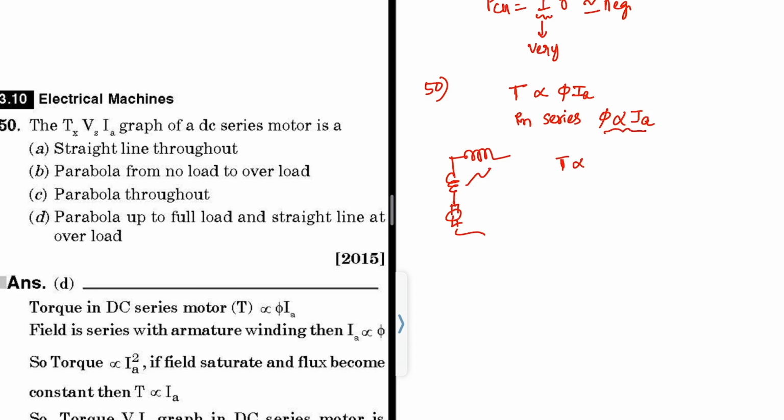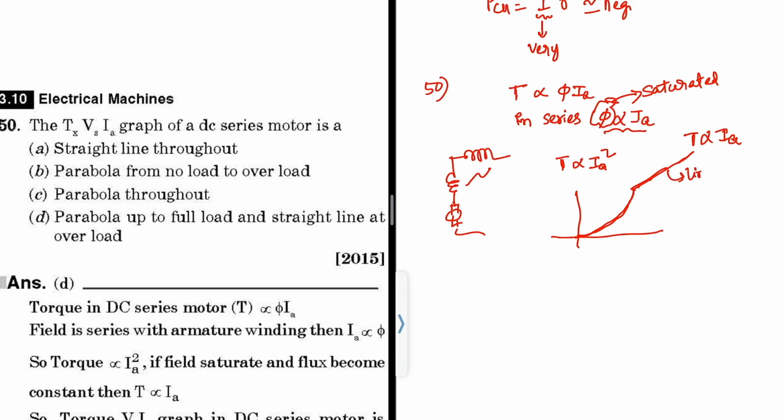So torque is directly proportional to armature current squared. But at some point, this flux will be saturated. Once the flux is saturated, torque is directly proportional to only Ia. So for some time, it follows the parabolic path because it is proportional to Ia square. After that, it follows linear.